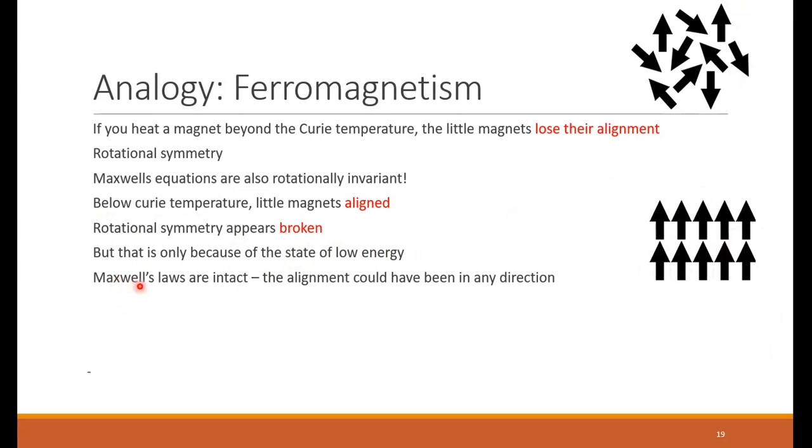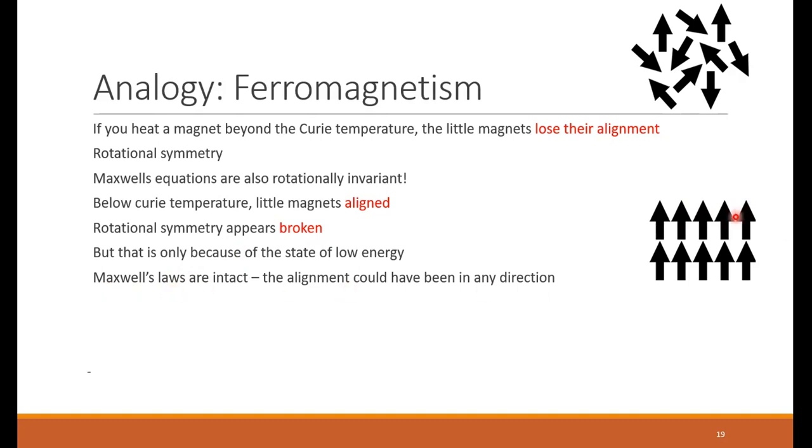And we know that Maxwell's laws are still intact, right? So the theory still tells you that electromagnetism is rotationally invariant, even though what you see at this low temperature is symmetry being broken. But this only appears that way because the theory tells us that electromagnetism is rotationally invariant.